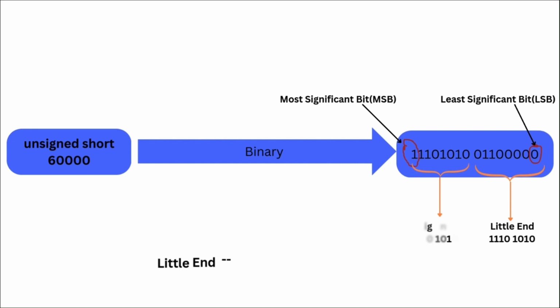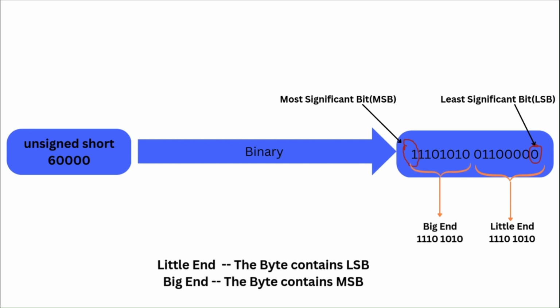The big end is this one, because this byte contains the most significant bit. So by definition, the byte containing the least significant bit, the rightmost one, is the little end, and the leftmost one is the big end.